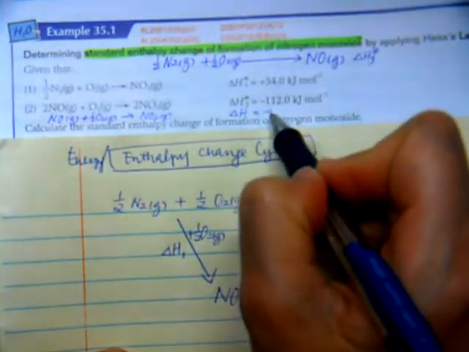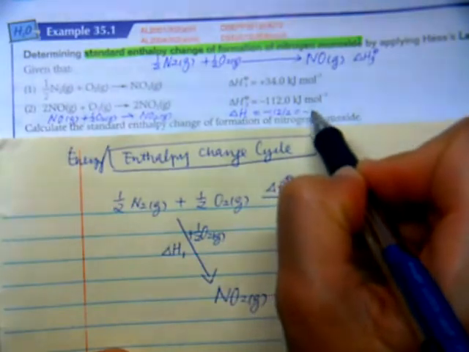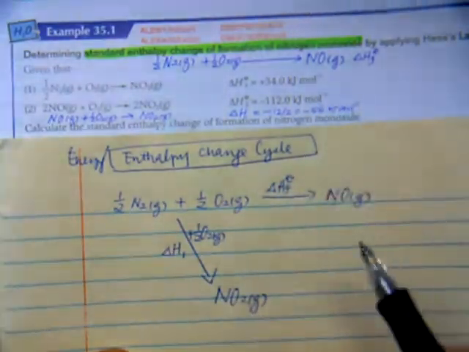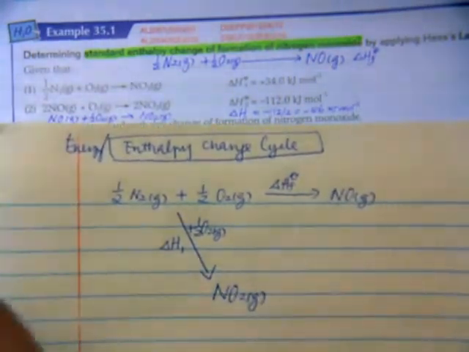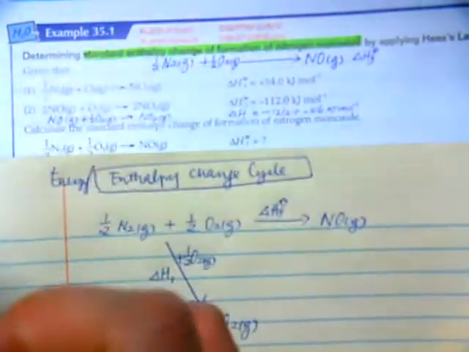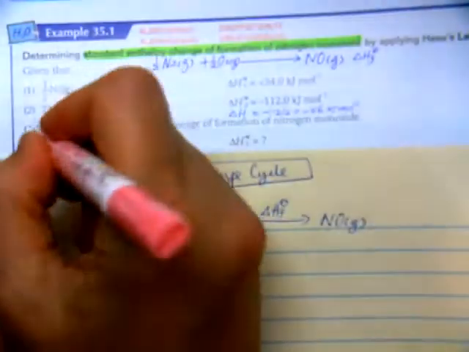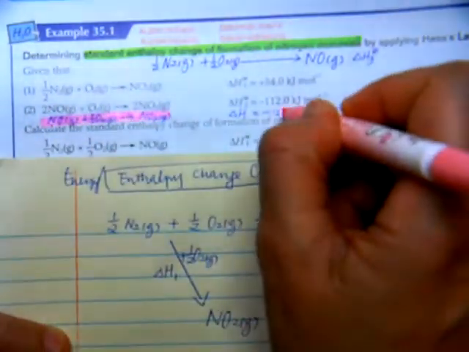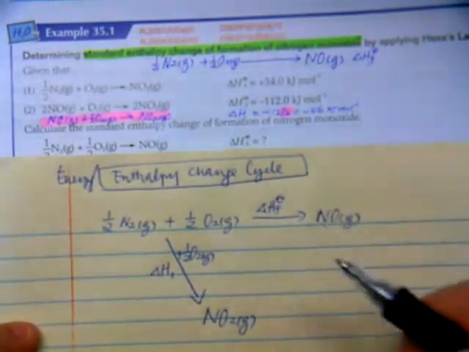The delta H should also be divided by 2, which is 56 kJ per mole. So, in this example, you need to change the coefficient. Divide the whole equation by 2. Bear in mind, you need to divide the enthalpy change by the same factor.